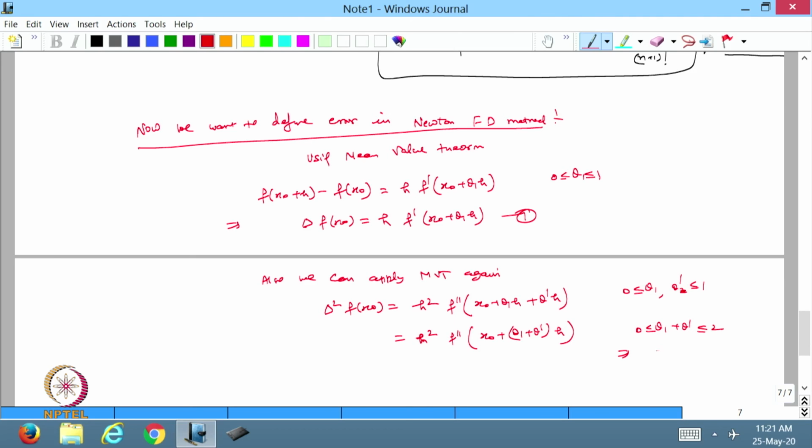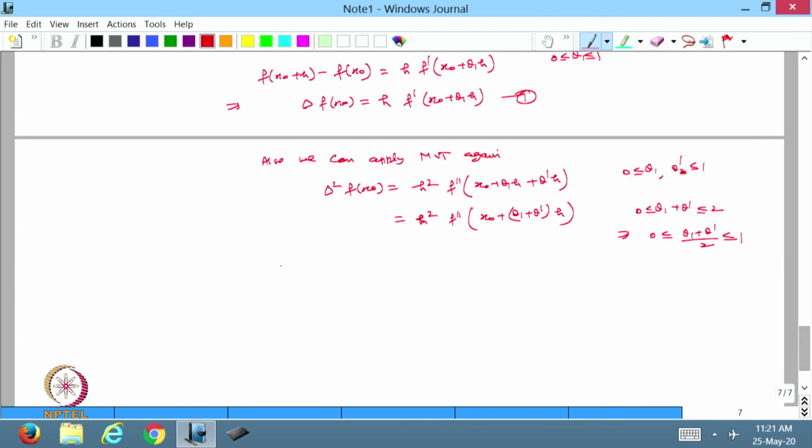So, I can write my second order forward finite difference operator as h square f double dash x naught plus theta 2 2h. So, I call it theta 2.